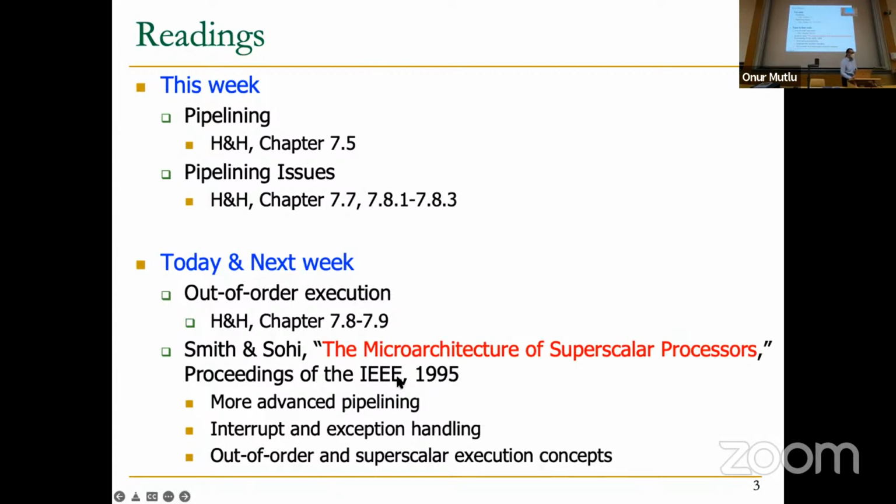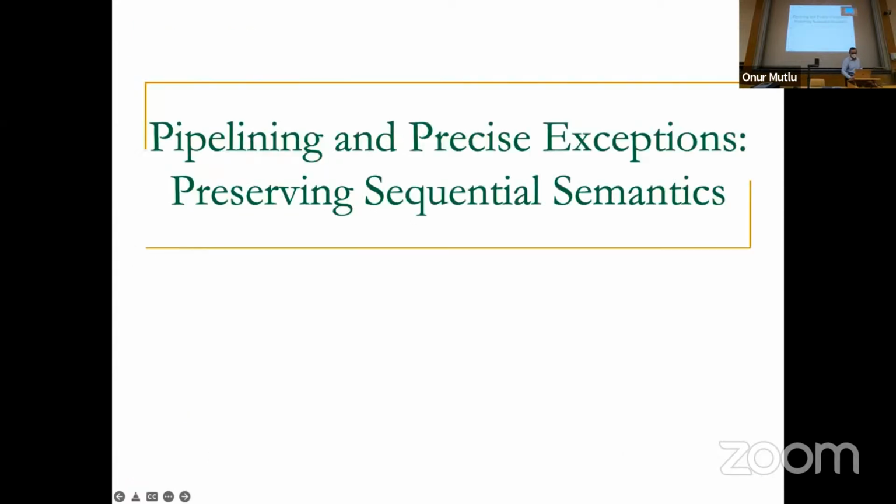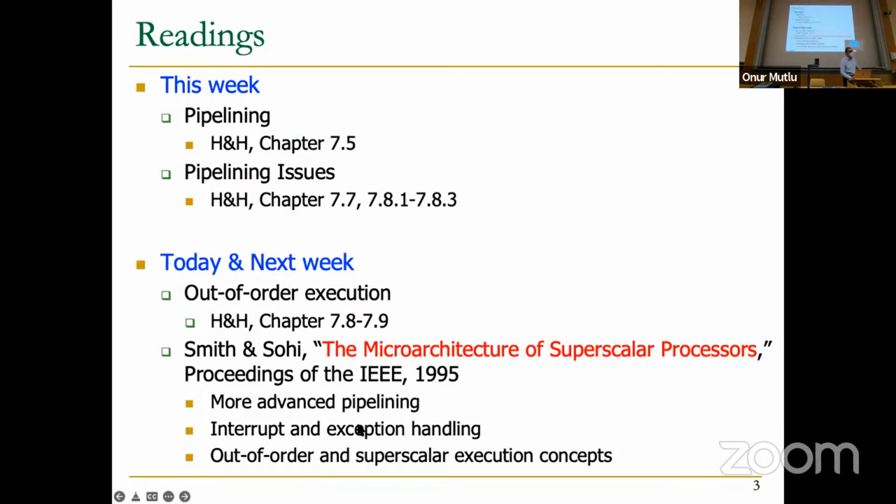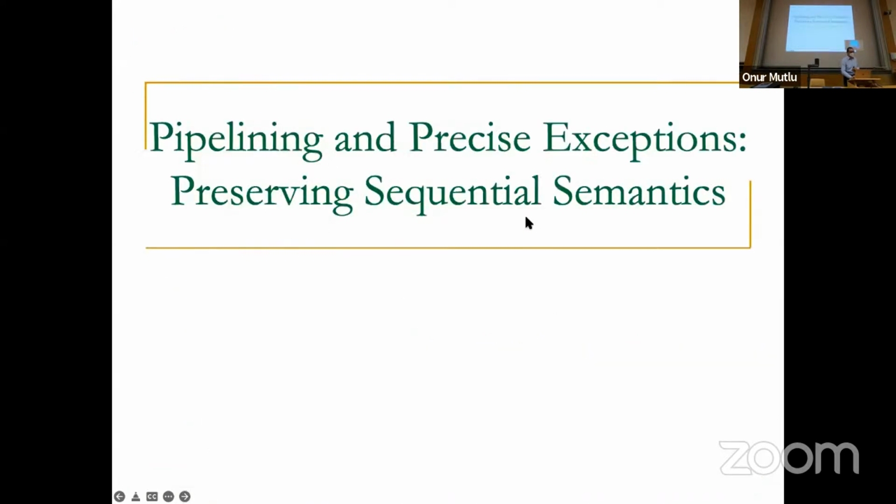And as I said, this is going to be an important survey paper, an overview paper that covers the microarchitecture of superscalar and out-of-order processors, essentially all processors that are out there today. But before we go into that, this reading covers interrupt and exception handling as well. So that reading is still relevant. When you do it, you will reinforce the concepts that we covered today.